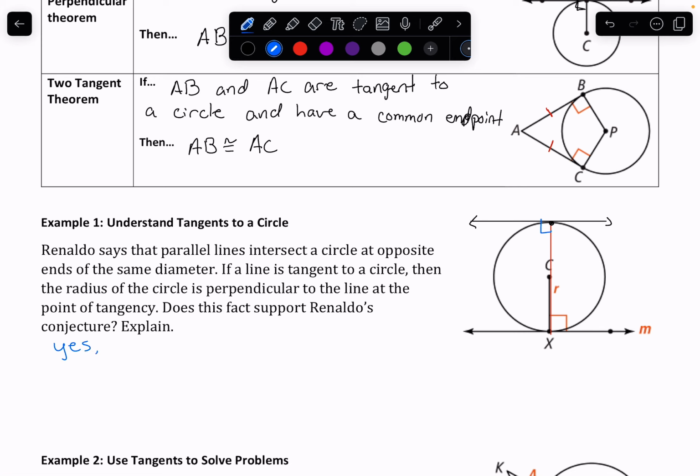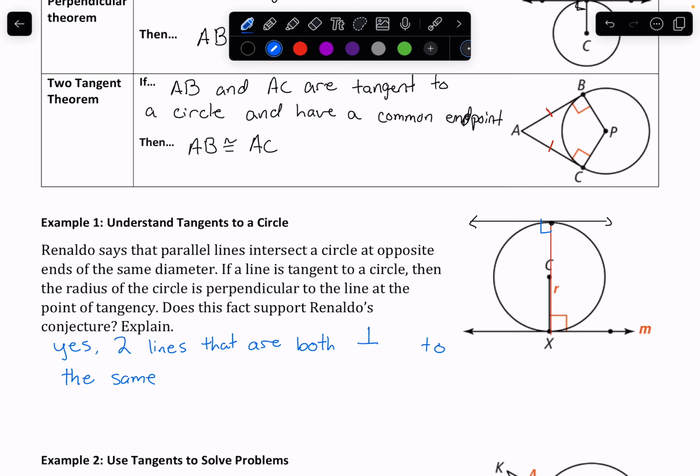Two lines that are both parallel to the same line. Oops, are both perpendicular to the same line, sorry.